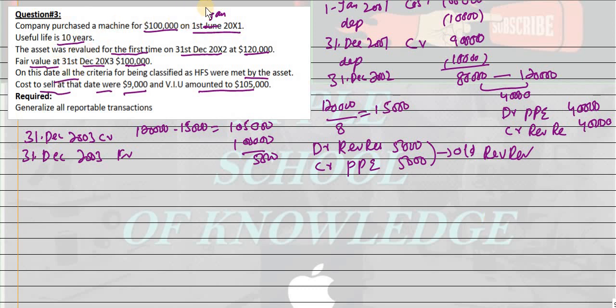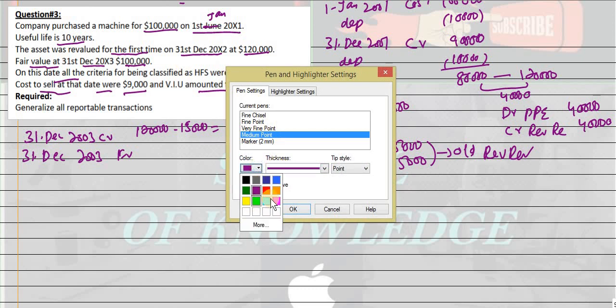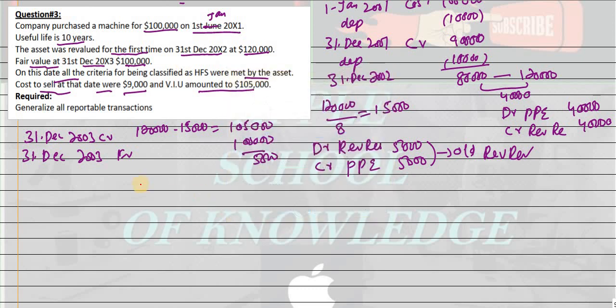We have to do another step, and that step is before classification. You see here on this date, on 31st December, the asset is classified as held for sale.